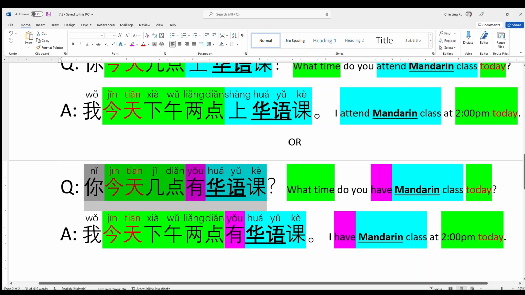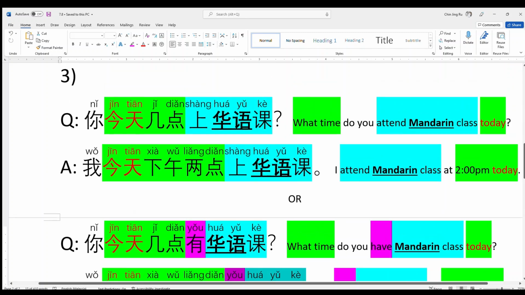So for the answer, you can answer, I have Mandarin class at 2 p.m. today. 我今天下午2点有华语课。So you see, if you ask have Mandarin class or not, then your answer should also use the word have. 有 more consistent lah, yeah? The question match with the answer match with the question.